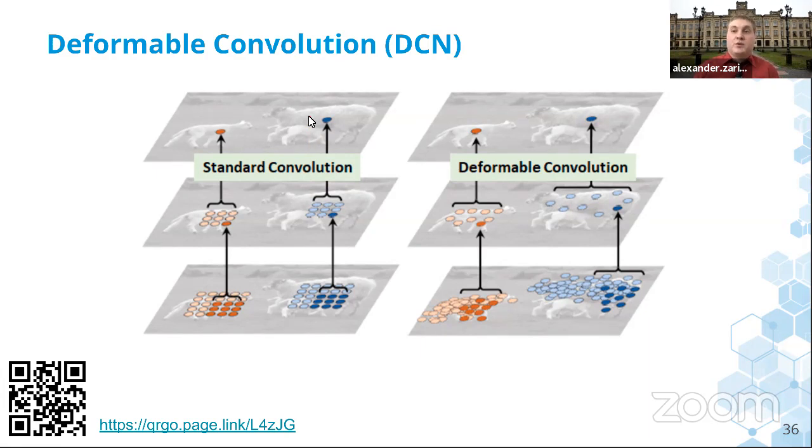Such square pooling regions may contain a huge amount of context information, which decreases the performance of our classification algorithm and may result in overfitting of our object detection model.